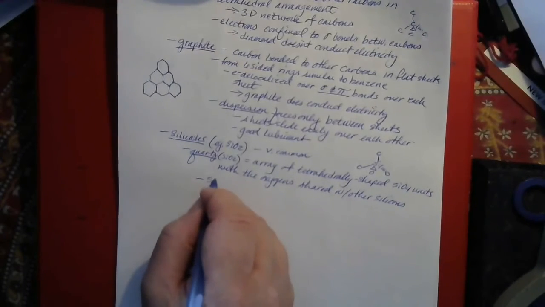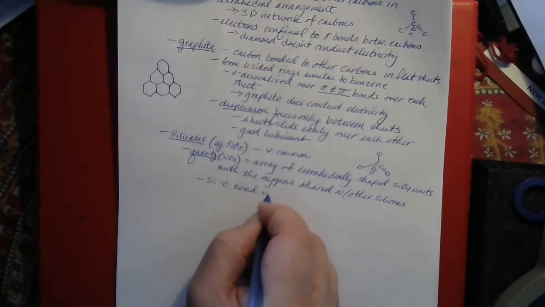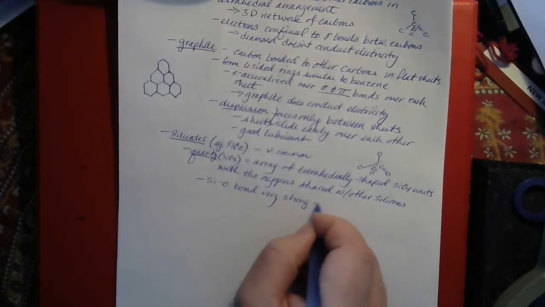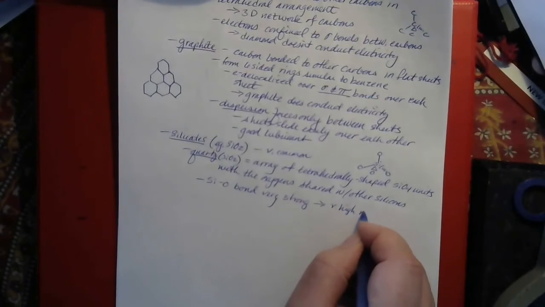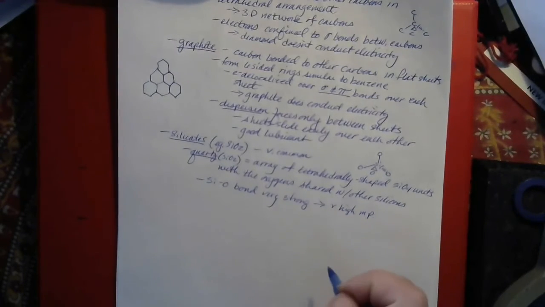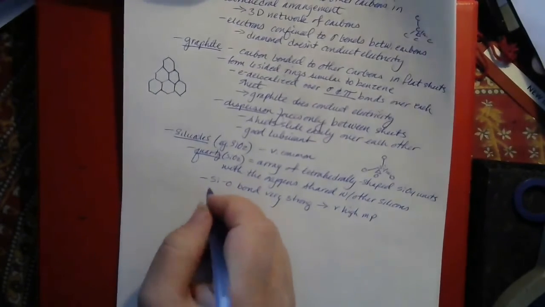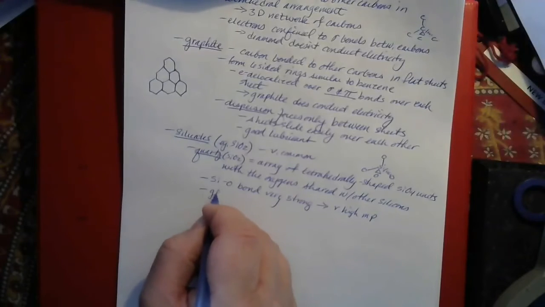The silicon-oxygen bond is very strong, and so silicates tend to have very high melting points. And as I mentioned a moment ago, glass is also silicon dioxide, but it's amorphous.